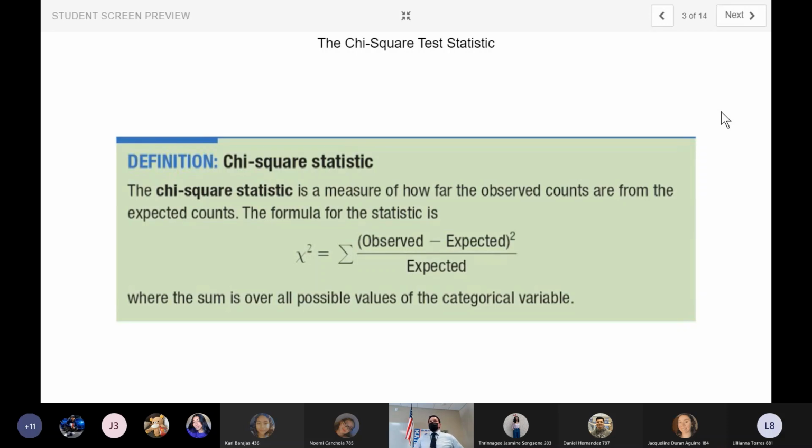This is most similar to the variance. I related it to standard deviation yesterday, but it's more closely related to variance. It's telling us how far away each thing is from what we expect. All right, so that is our chi-square statistic.